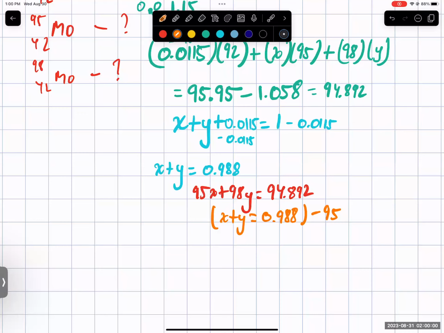When we do that, we get negative 95x minus 95y equals, what's 0.988 times negative 95?